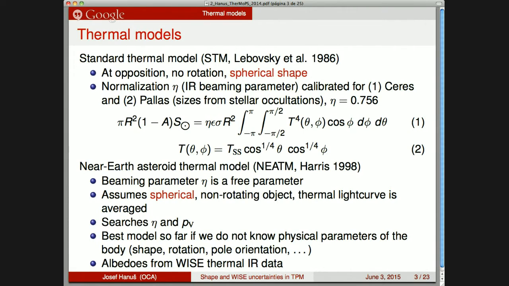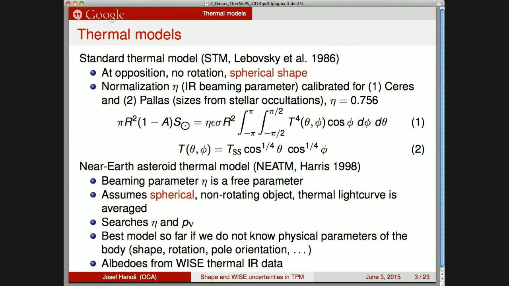The main difference between these two models is that NEATM does not use this parameter as fixed, but optimizes it as well. Both models assume spherical non-rotating objects, and if we have a thermal light curve, it is simply averaged to the mean value.